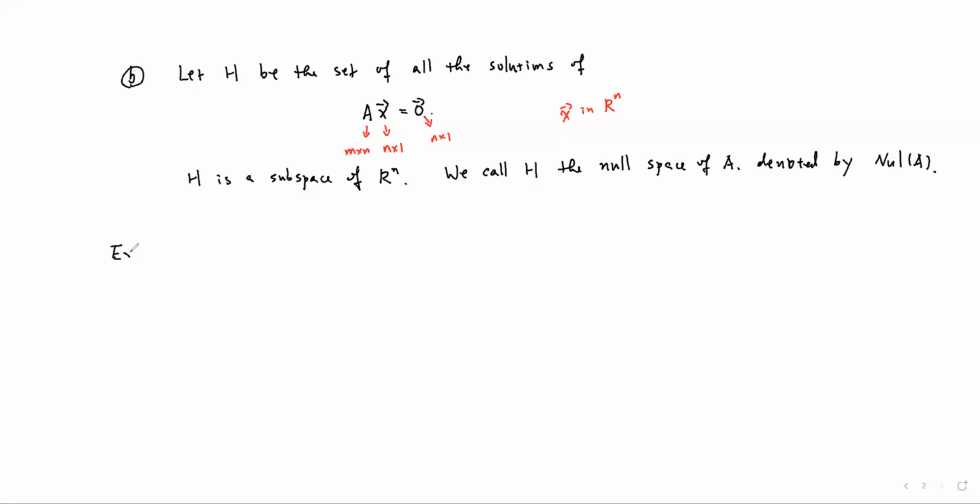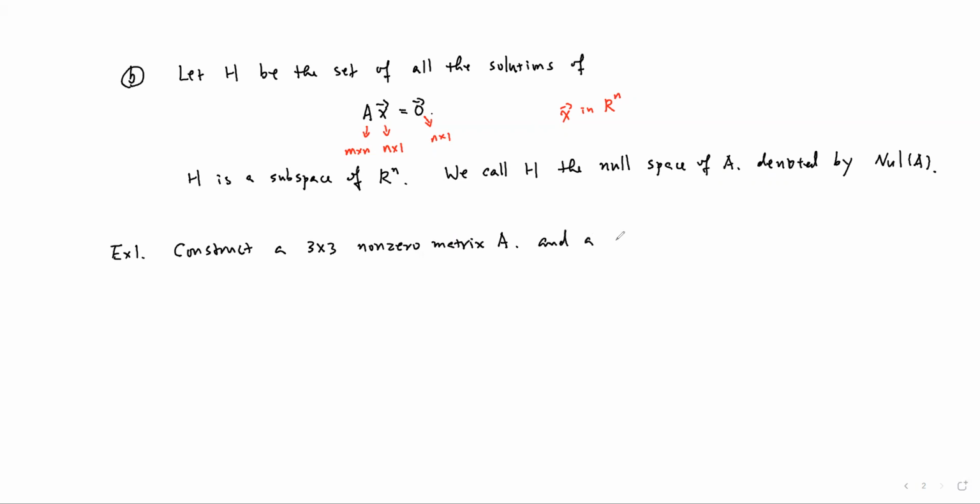Example 1. Can you construct a 3x3 non-zero matrix A? Non-zero matrix: when the matrix has one entry non-zero, then the matrix is a non-zero matrix.